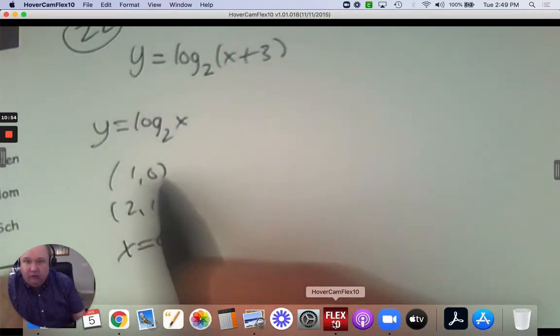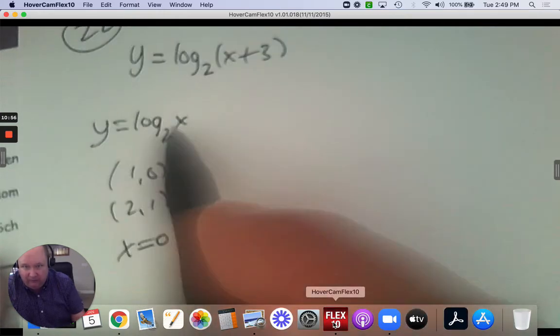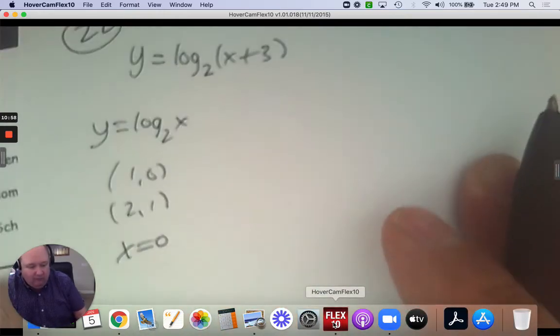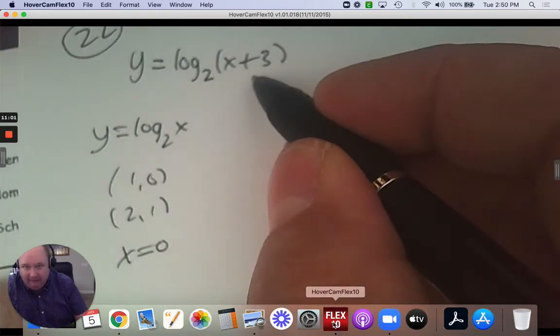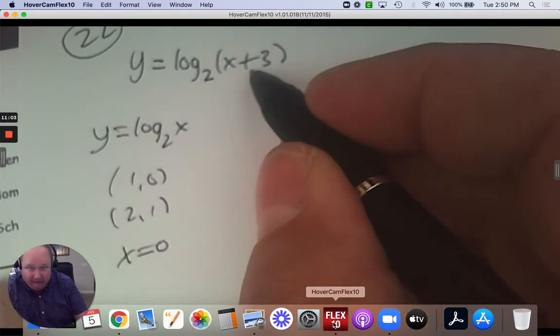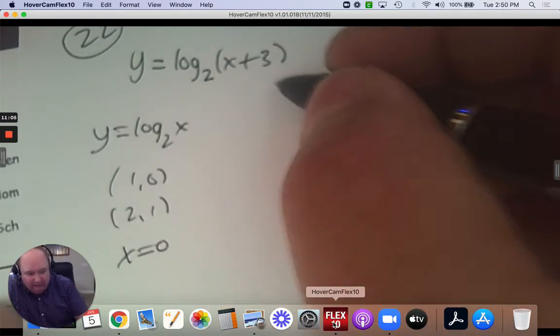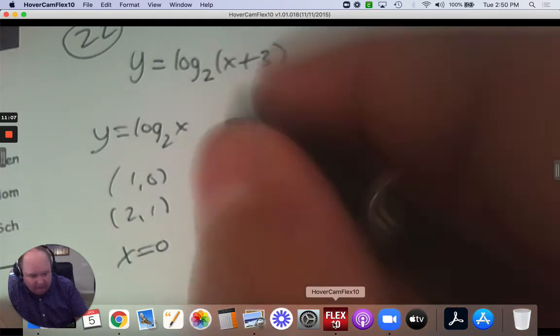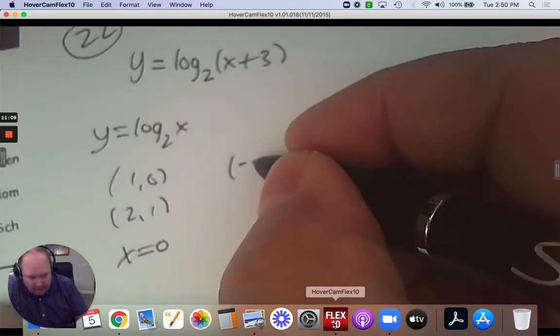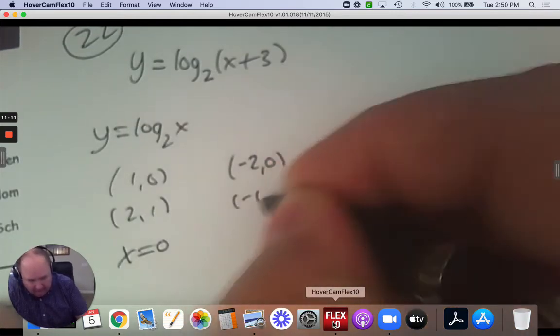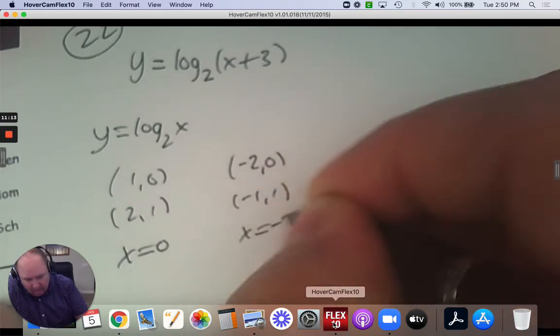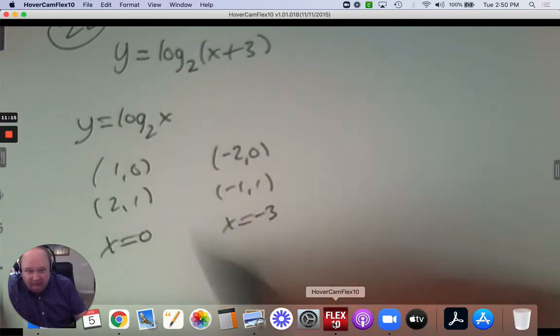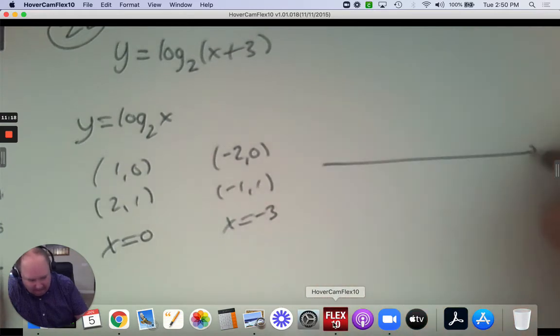I just used these points and this asymptote for this parent. And then this is almost the same logarithm, but everything has been shifted 3 to the left when it's inside the parentheses. This h is negative 3. It's 3 to the left. So if I go 3 to the left, these are the points that I'm going to use. So I'm going to go 3 to the left, and then I'm going to graph that.